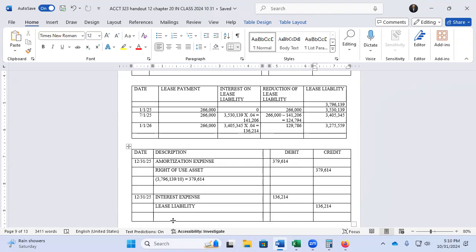So that's it for chapter 20. You'll have time on Tuesday to work on the chapter 20 group problem, and it'll be due on Thursday. All right, and then we'll start chapter 21 on the second half of Tuesday.